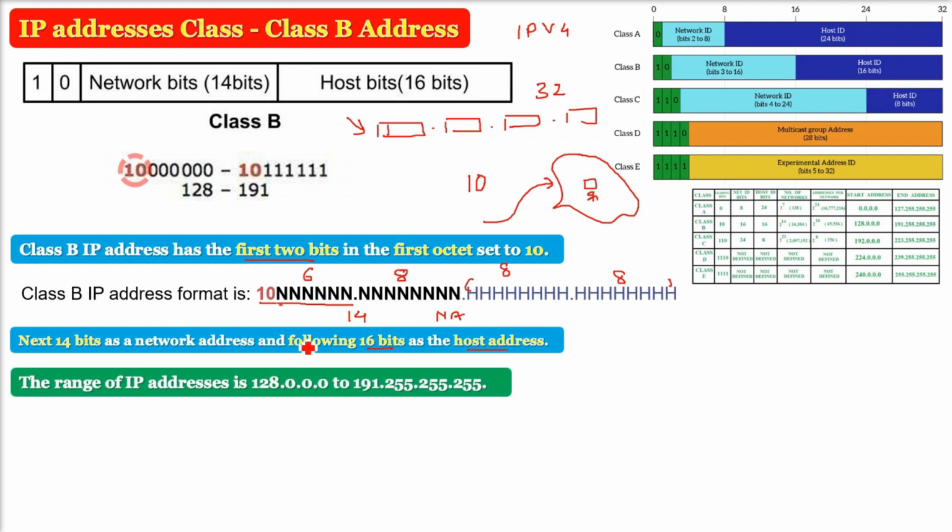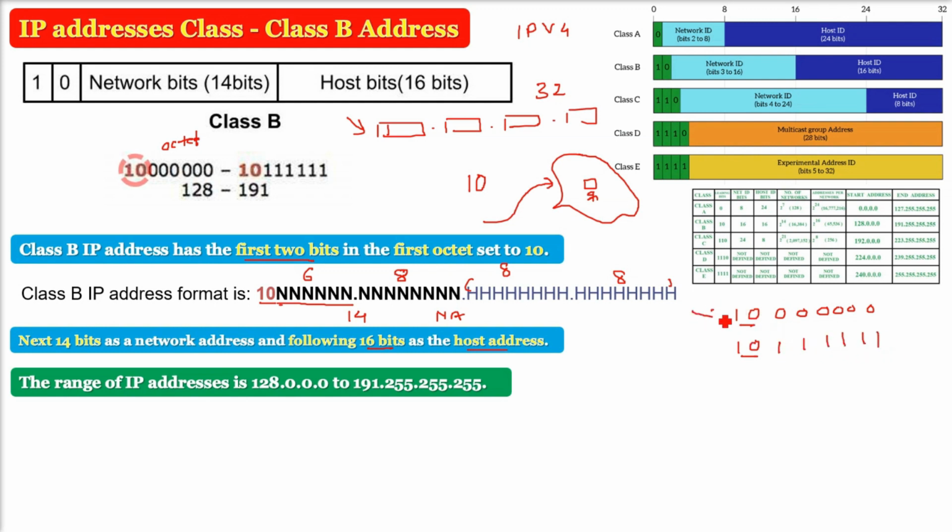So what is the range of the IP address? When you fix 10 in the 8-bit first octet, the leftmost octet, 10 is fixed. What can be the minimum? 00000, all zeros, this can be the minimum. What can be the maximum? The 10 you cannot change, so 111111.